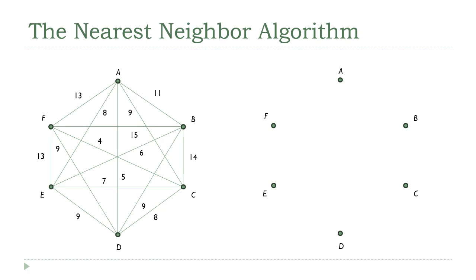This is the same graph from the previous slide on the left. And on the right, I've got just the vertices. I stripped away all of the edges. So what I'm going to do, not for any particular reason, just starting at the top, is start our circuit with vertex A. If you look at all of the edges going out of vertex A, their costs are 13, 8, 5, 15, and 11.